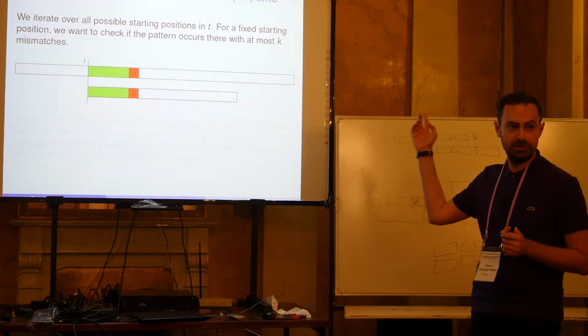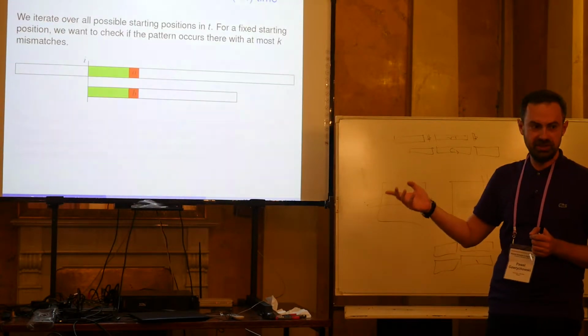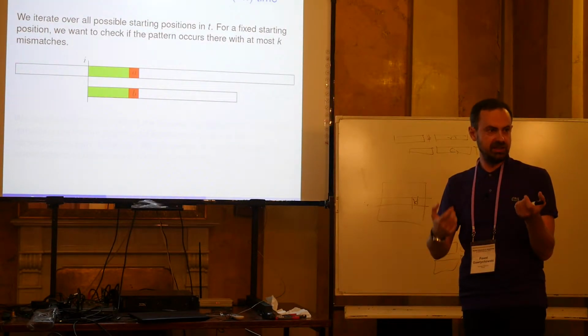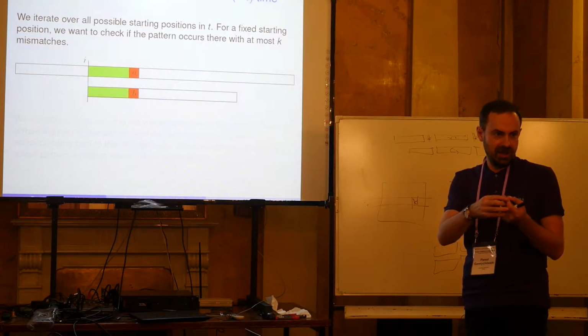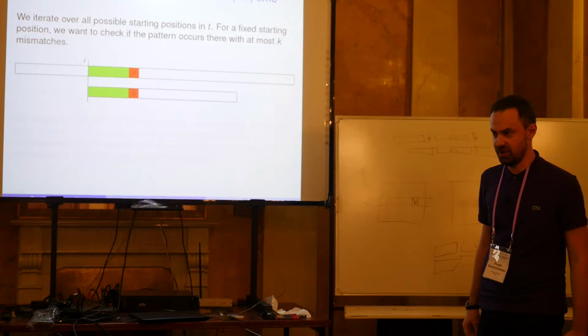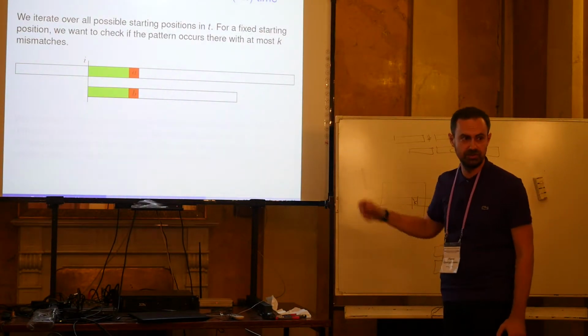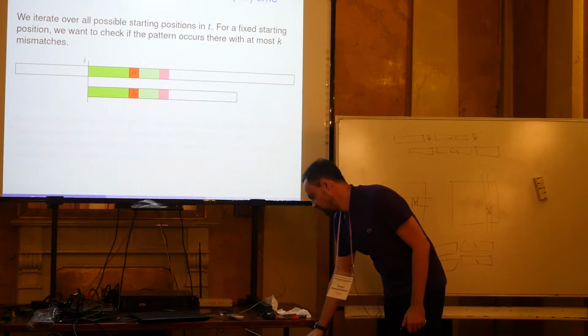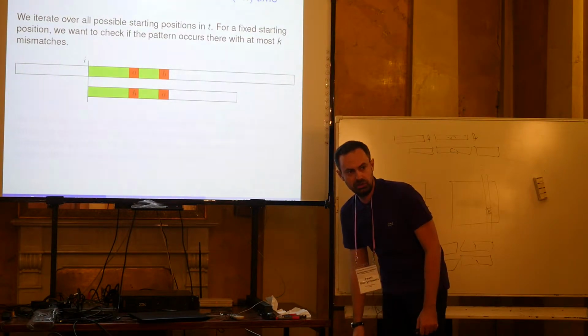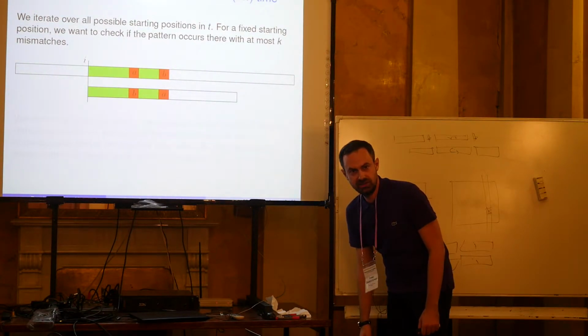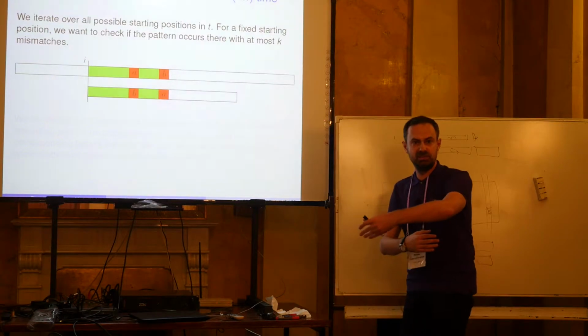So this green region is supposed to be equal. And using the suffix tree built for the text and the pattern, you can get in constant time how many characters match. So you get the first mismatch, this red character, A and B. And then you just continue after A and B. So you use a longest common prefix query, and in constant time you jump to the next mismatch.